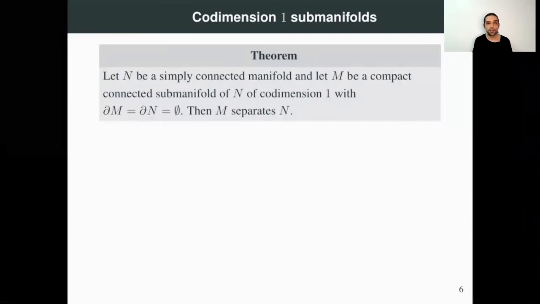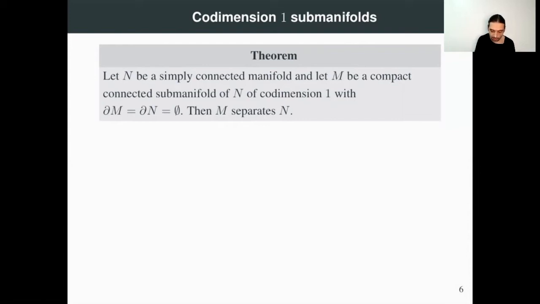We already saw that it is interesting to know whether a submanifold of codimension 1 separates the ambient space. Here, we are going to see that under certain conditions, M separates N. The submanifold of codimension 1 separates N. Indeed, we consider N a simply connected manifold, and M is going to be a compact connected submanifold of N of codimension 1.